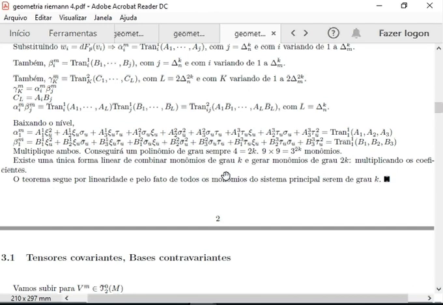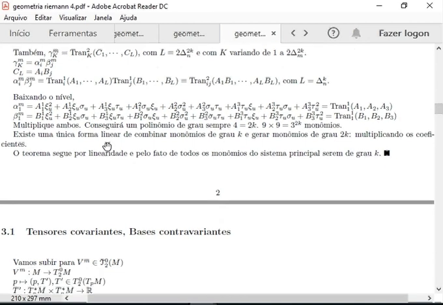So you see an example of low level. Now our last case, the hyperboloid. What is a transformation of A1, A2, A3, and what is a transformation of B1, B2, B3? Multiply both. You'll get the polynomial of degree always 2k, with 3 power 2k monomials.